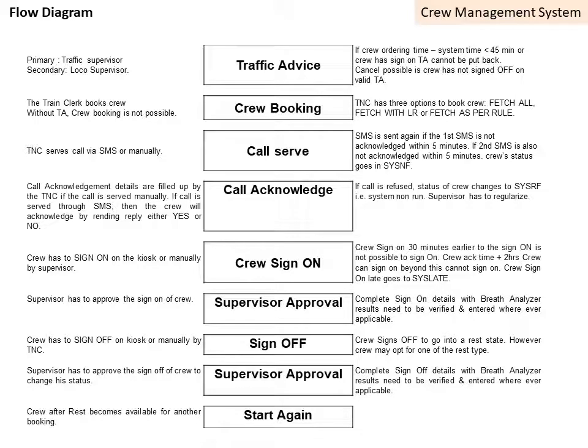Here in the flow diagram we can see the crew booking. First we have to create the traffic advice using the traffic supervisor or loco supervisor, whichever it may be. Immediately after that the crew can be booked. Once the crew is booked using the TA, he will give a call to the crew, and the crew can acknowledge the call.